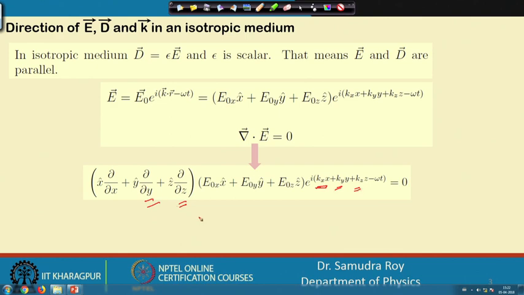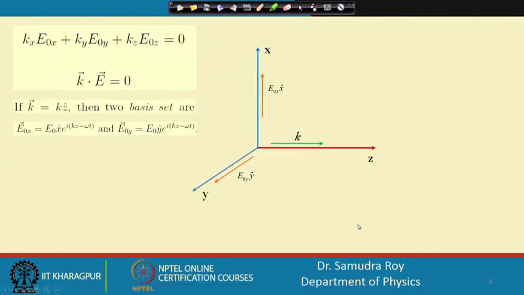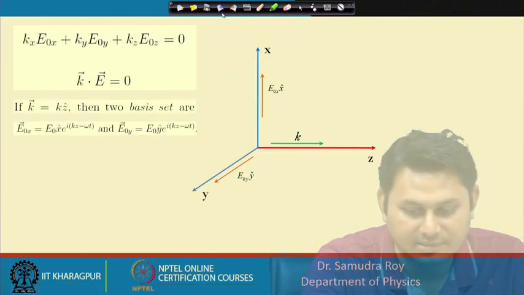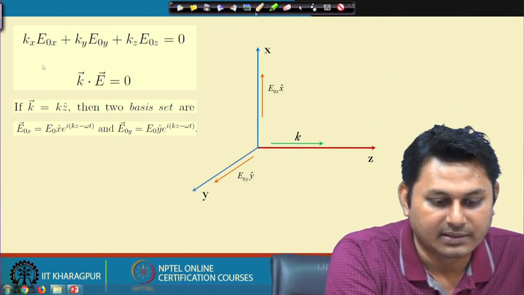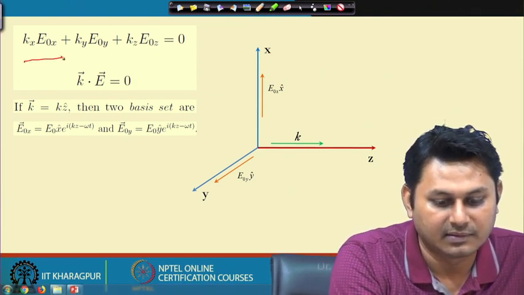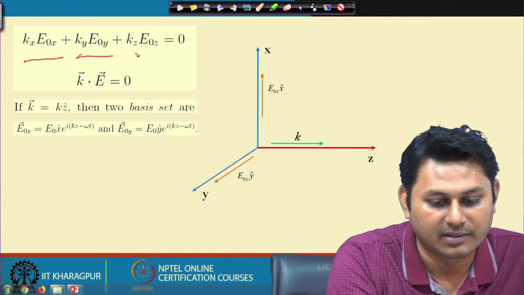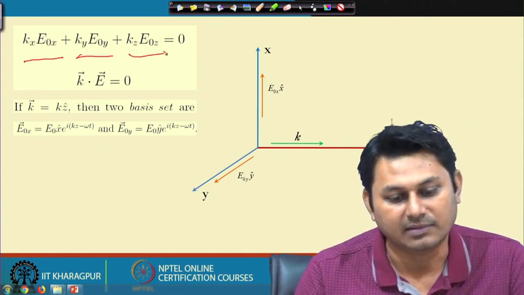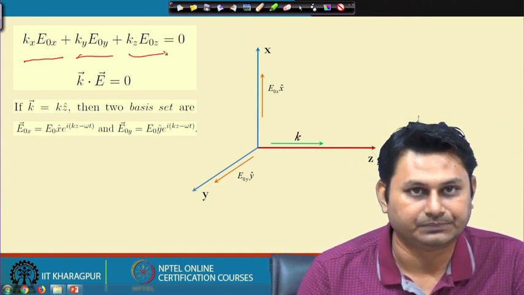So, this term will come out, and I will have an expression which suggests that k x E0x plus k y E0y plus k z E0z is equal to 0.